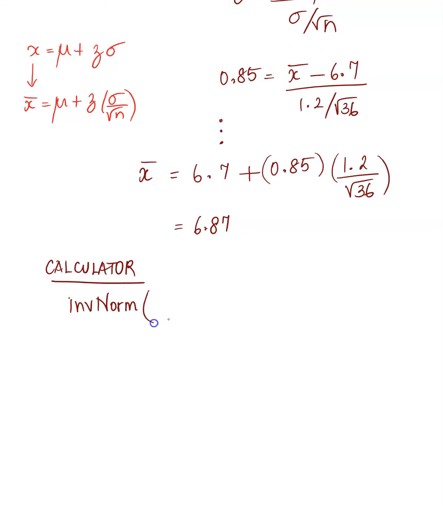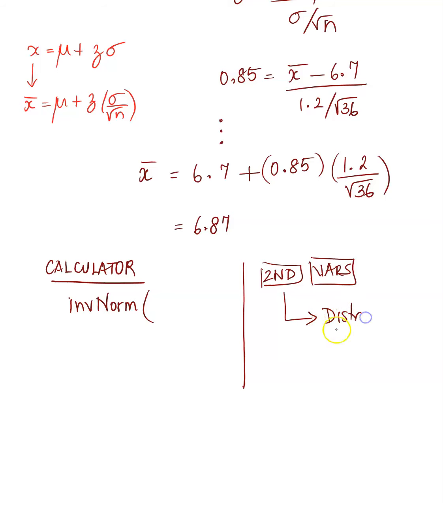So again, remember, you have to do the second bar, go down to the third option: second, inv-norm.